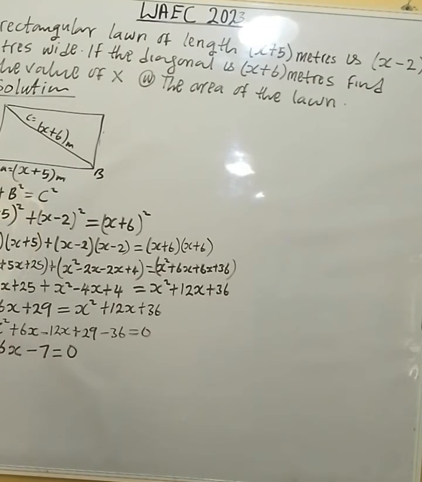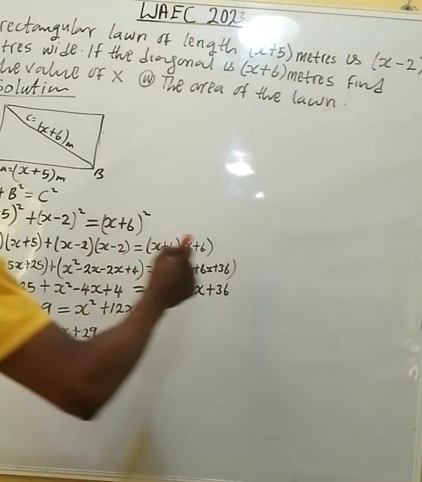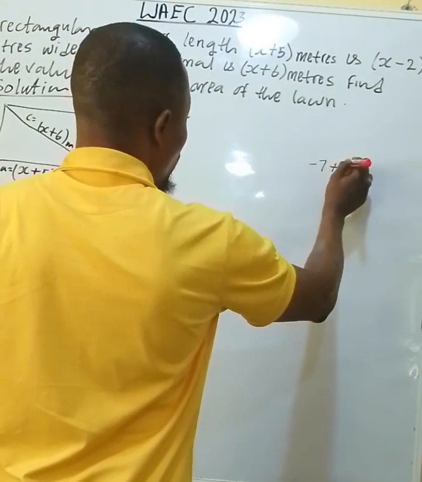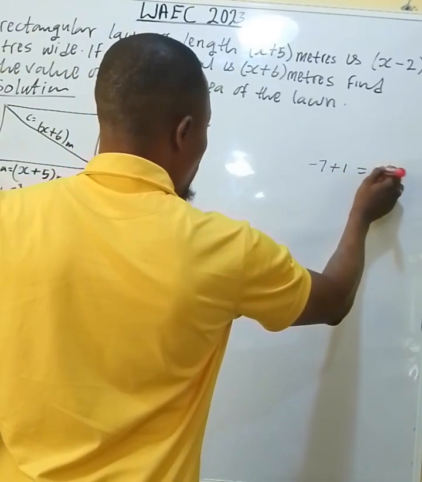But the factors that we are going to use, we need to multiply two numbers together that will give us minus 7. And when we add the two together, it must give us minus 6. So which means now we are going to use minus 7 plus 1 equals to minus 6.